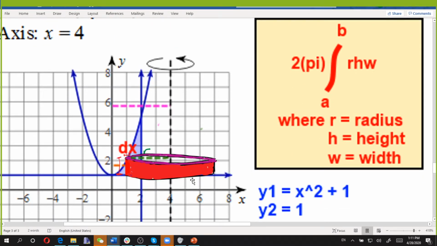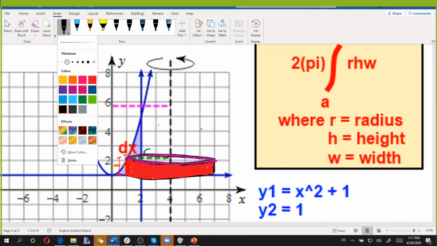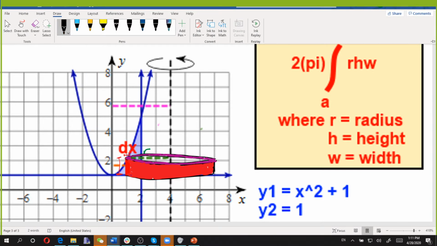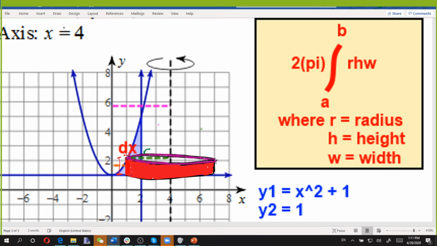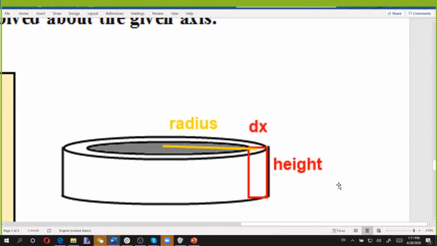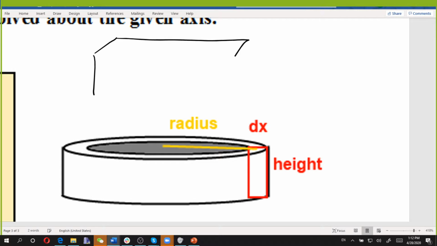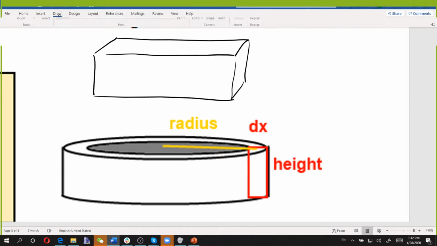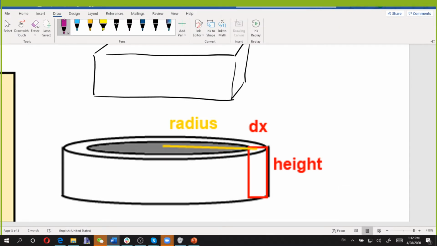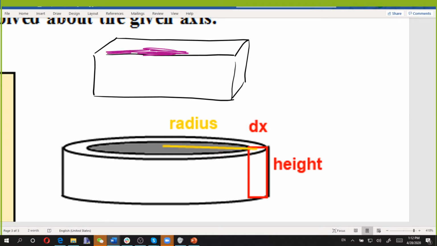Okay, so as for the volume, if I was going to cut this roll, so let's say somewhere like here, and unfurl it into a box, then our box would end up looking like this, with our infinitely small dx on top.